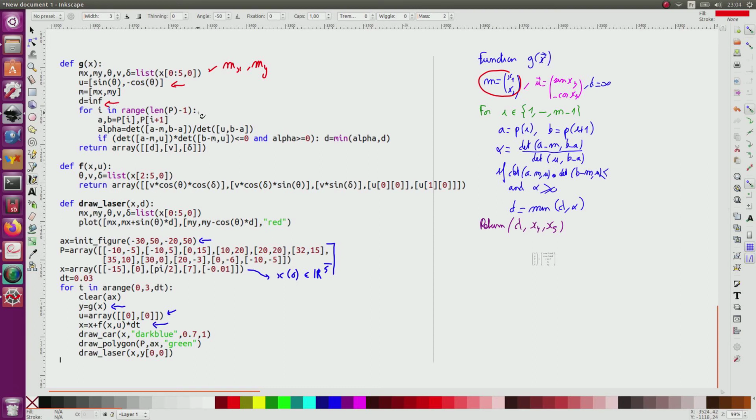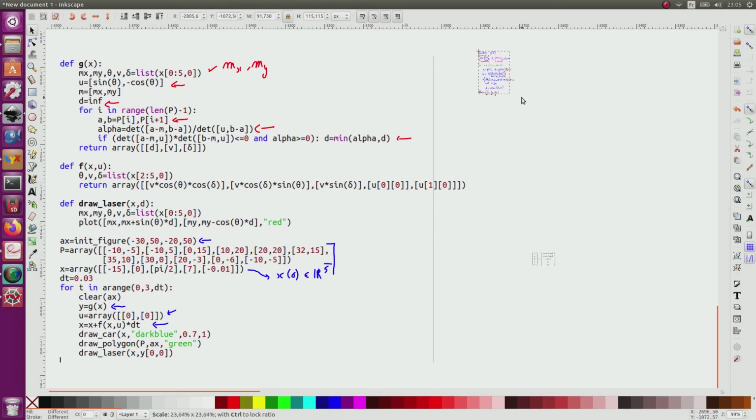Then for all vertices of my polygon, I build the segment AB here, here also. I compute alpha here and here. Then I check my condition here, my inequality here and here. And then I will return the distance, but also the speed and the angle of the front wheel. Okay, now about the observation function, it corresponds to this differential equation.